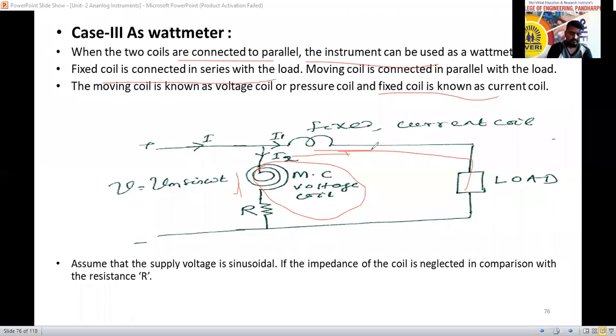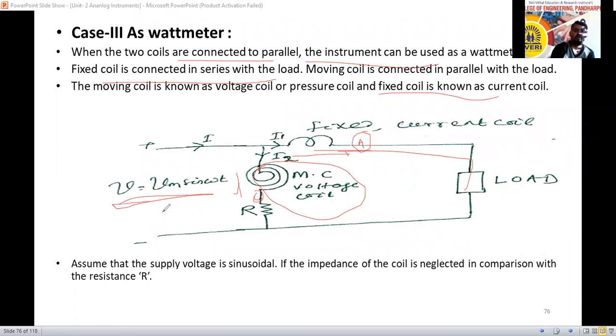We already know that power is the product of voltage and current. The ammeter is connected in series, so from the current coil we can measure the current. From the voltage coil or pressure coil we can measure the voltage across it. The product of these two and the angle between them gives the power. So V equal to Vm sin omega t we have considered.